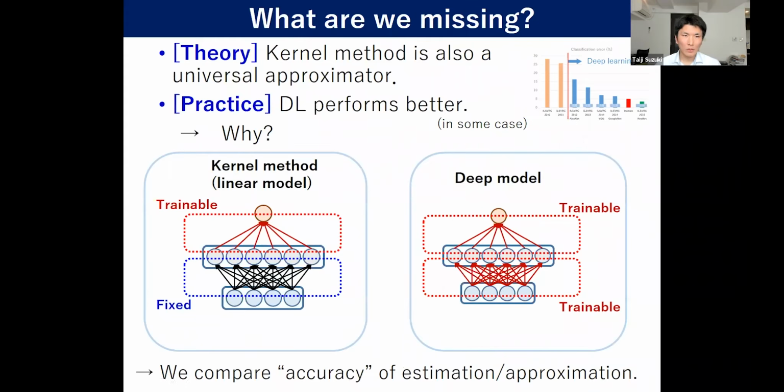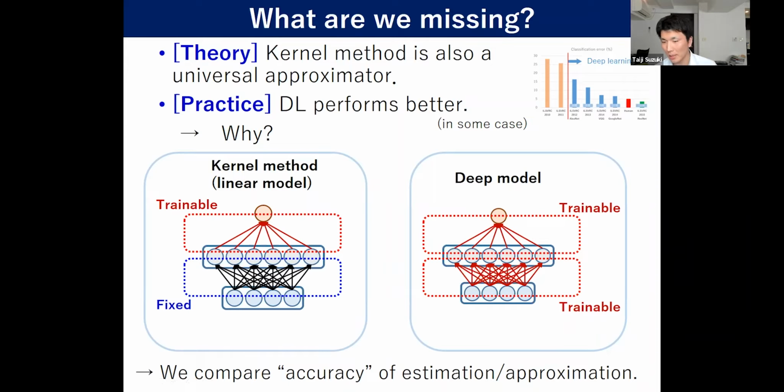So we have learned that neural networks have a universal approximability property. But the kernel method is also a universal approximator. In practice, though, instead of the kernel method, nowadays we are using deep learning.